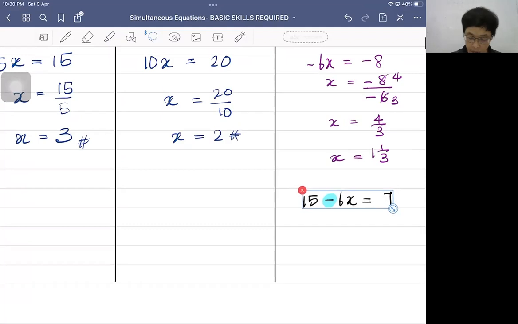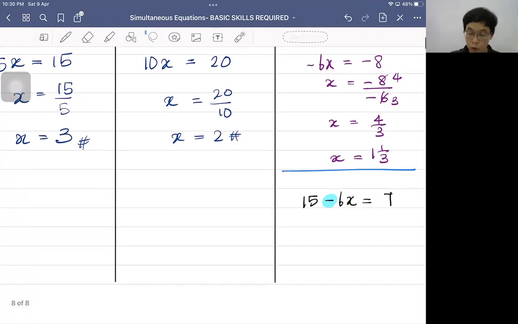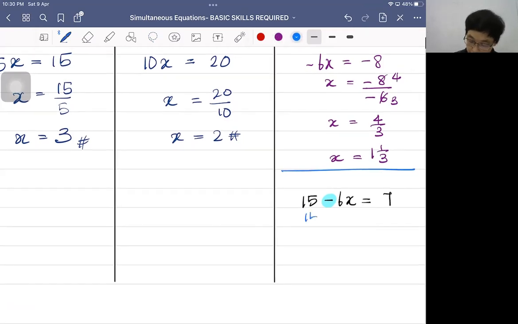What we can do is we can swap the sides, or we can just plus 6x both sides. If you plus 6x both sides, you're going to get 15 equals 7 plus 6x.